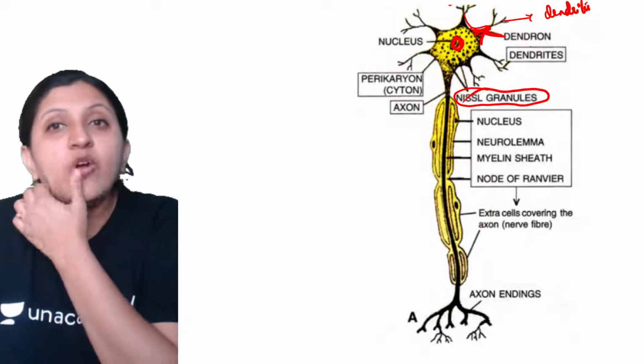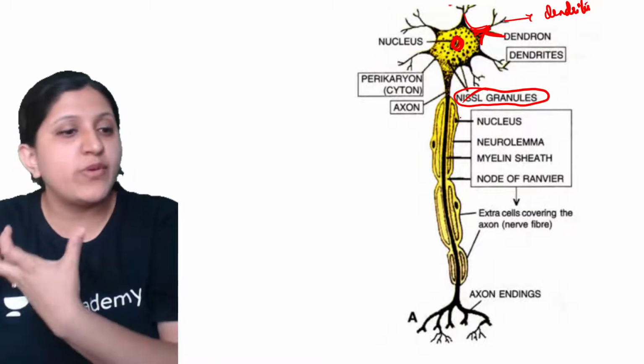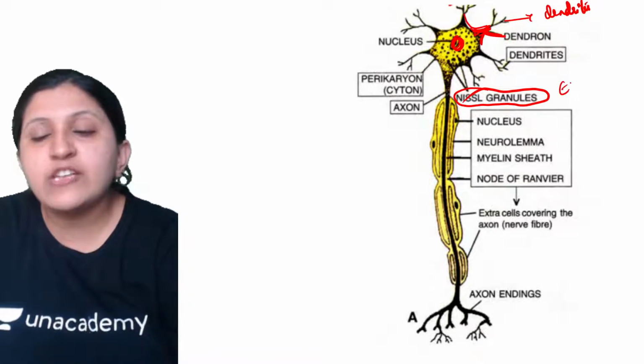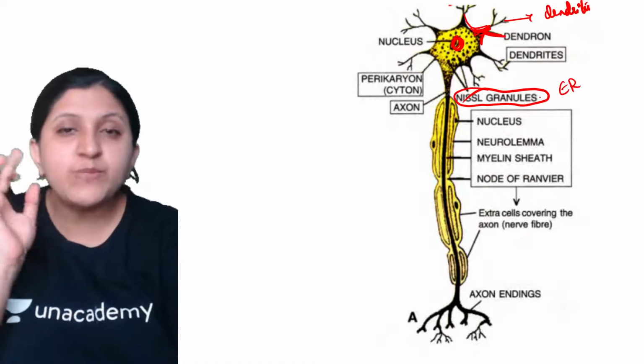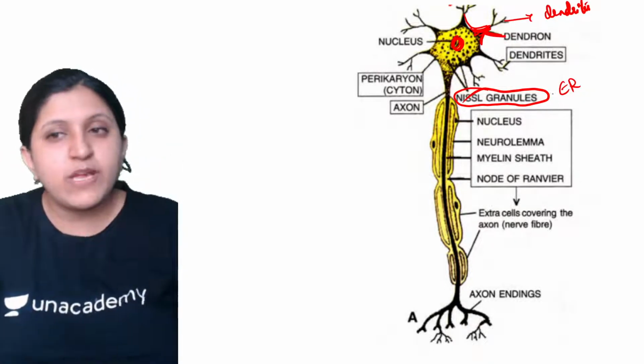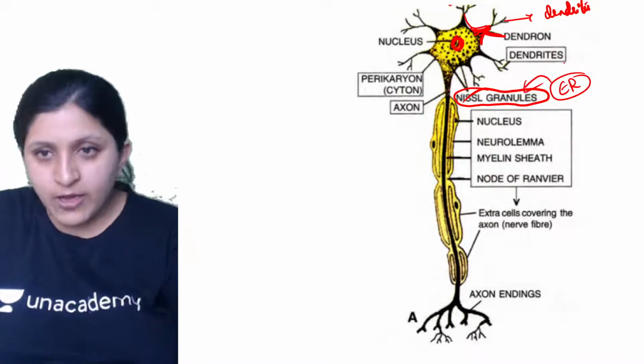The Nissl granule is named after the scientist who discovered these granules, Nissl. These are formed when the endoplasmic reticulum breaks down into tiny parts, and that itself forms a Nissl granule.